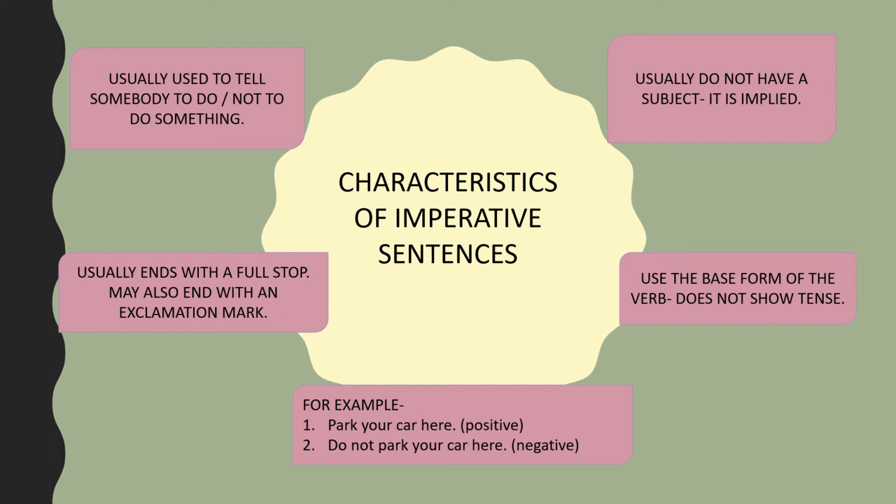You don't have to bother about tenses much in imperative sentences. Park your car here does not show any tense. Do not park your car here. When you change it to a negative, no tense is changing. So, we have understood what an imperative sentence is. Clear? Now we will go on to see the examples. Let us see some more examples about imperative sentences because they might be of many types.